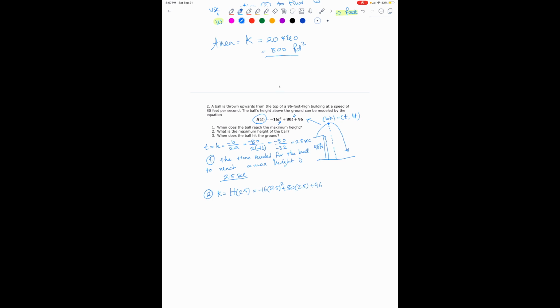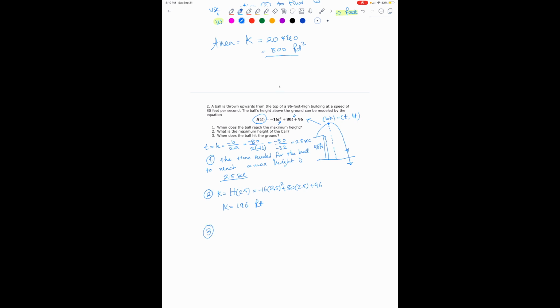I'm going to find that on my calculator. I'm getting k is equal to 196 feet, of course, because the height is in feet. So that is the maximum height the ball will reach. Please verify that answer.